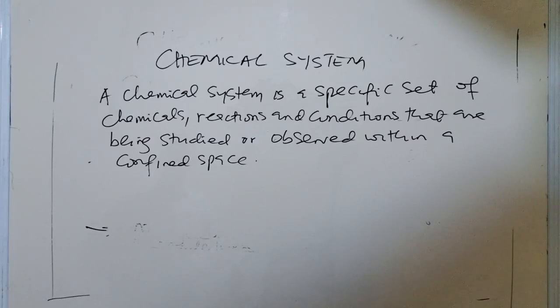And when I add two gases or two chemicals in a container and they are reacting, that will also form a chemical system. So in a chemical system, there need not be a reaction. It can be a container which contains a gas or a chemical. The container, the gas, the walls of the container and the surrounding environment where the container is placed make up a chemical system.